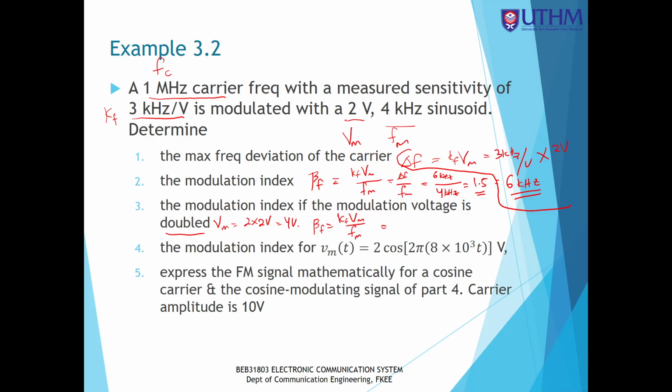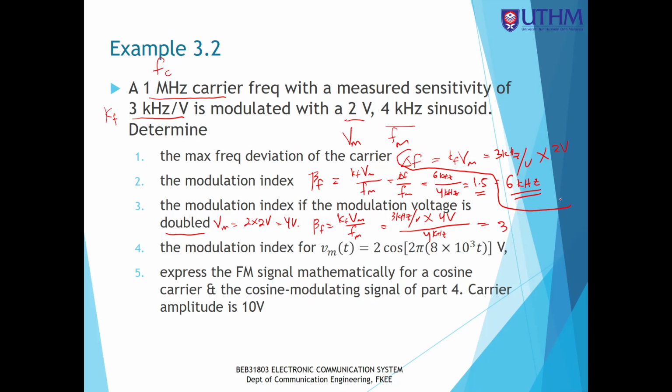So this is equal to 3 kilohertz per volt multiplied with 4 volt divided with FM, the message frequency, which is still the same, 4 kilohertz. So 12 divided by 4, you're going to get 3.